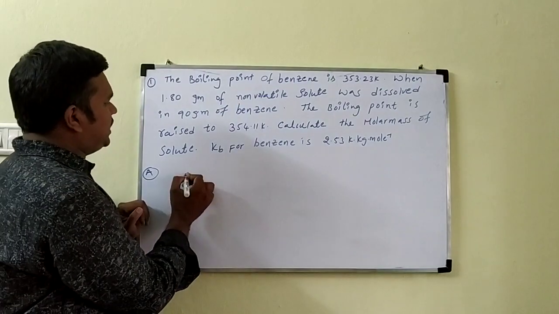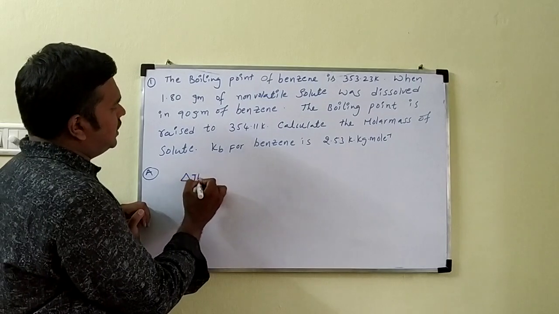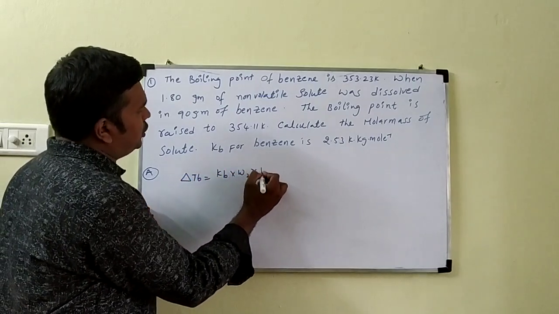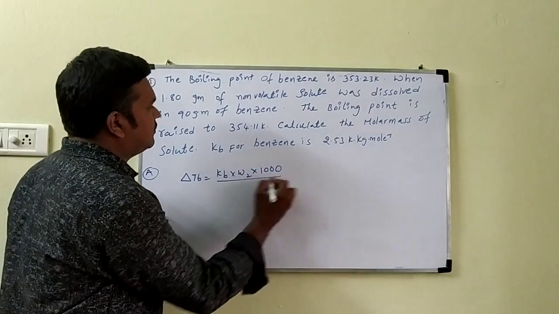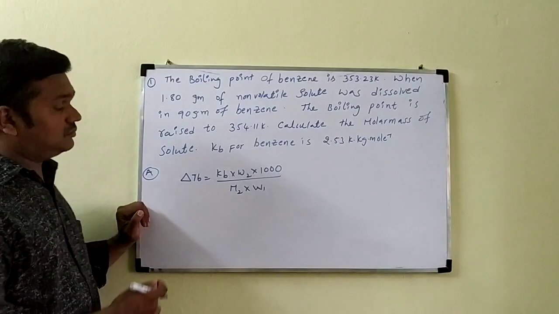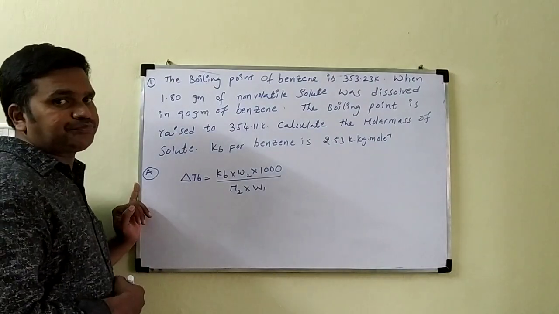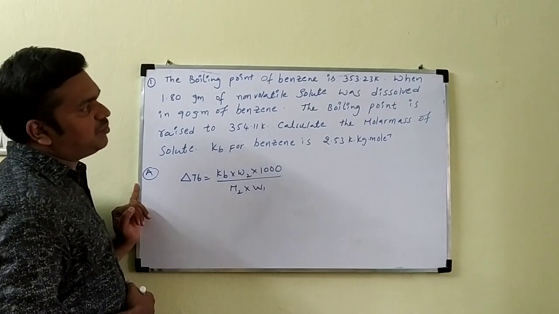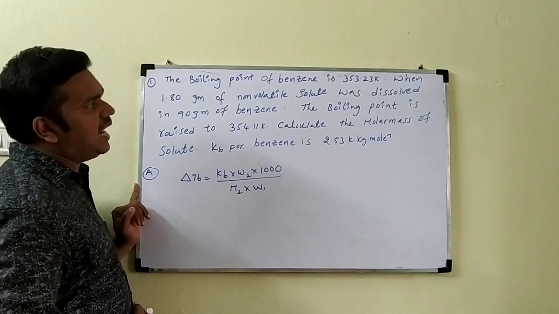So first we can write the formula. Delta Tb is equal to Kb into W2 into 1000 by M2 into W1. Okay, this is the formula. Now we want to get the information from the given data. Clear?